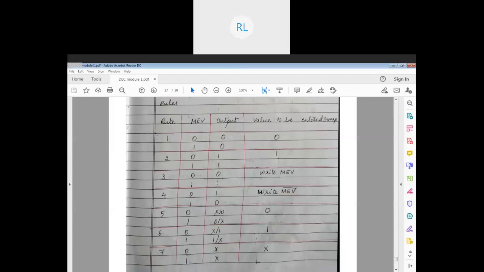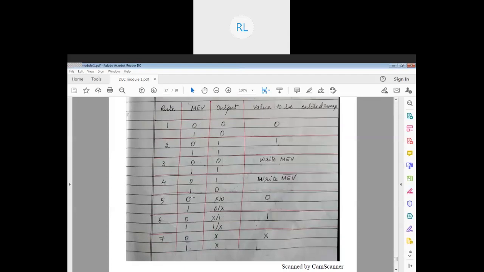Similarly, if my D bit is 0, 1 and at my output I have 0, 1, same thing, 0 is here, 0 is here, 1 is here, 1 is also here. So what should I write it as? I should write it as MEV. Let's see the reverse case: for 0 if I have 1 and for 1 if I have 0, then I'll write it as MEV bar.